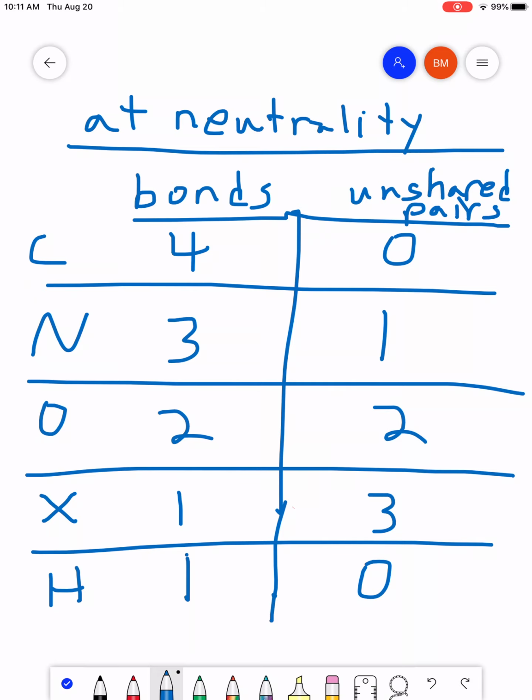I don't like to use the M word very much in here, and by the M word I mean memorize, but this is something that you should memorize. This will make your life a lot easier if you can remember these guidelines, because it's going to make it a lot easier to look at a given formula and be able to draw its Lewis structure. I would heavily encourage you to go through and remember these.